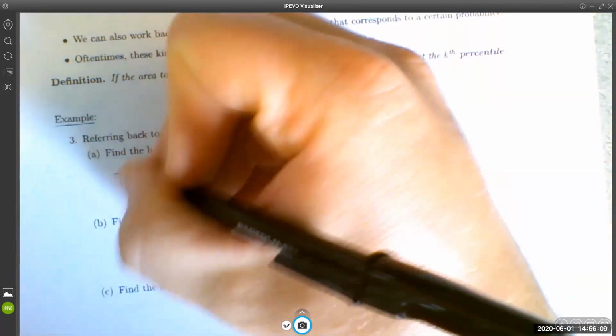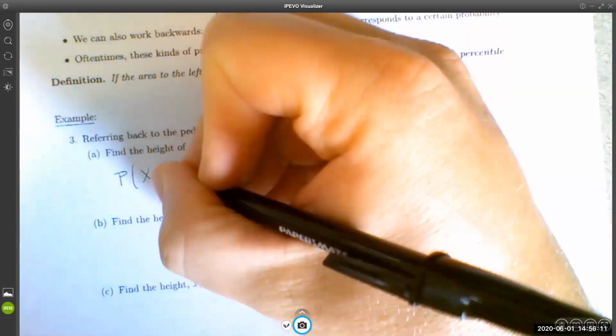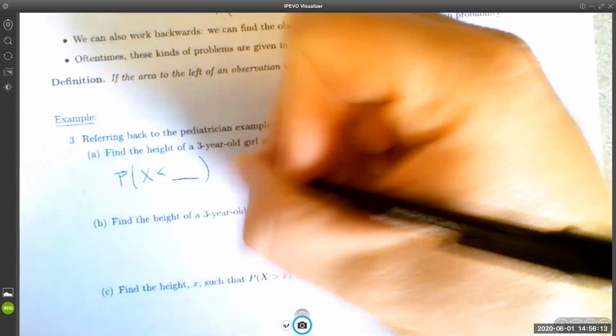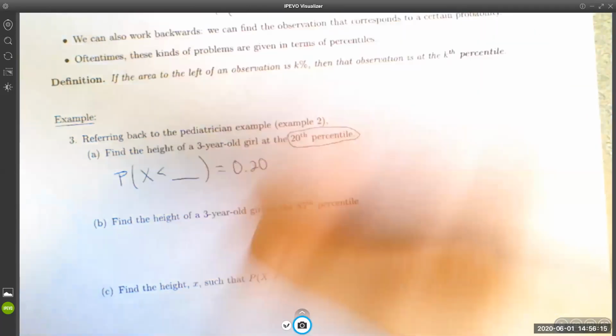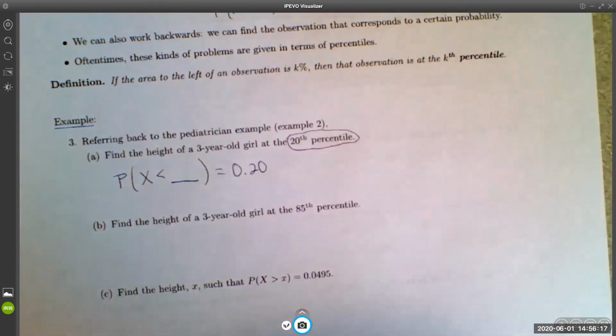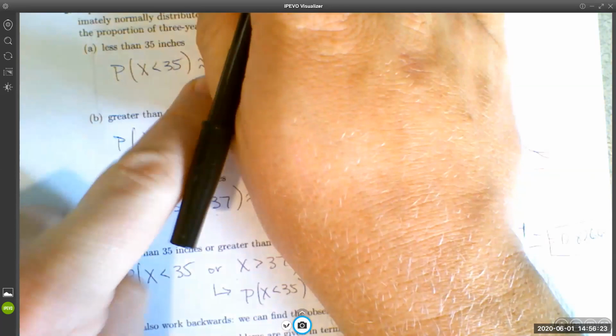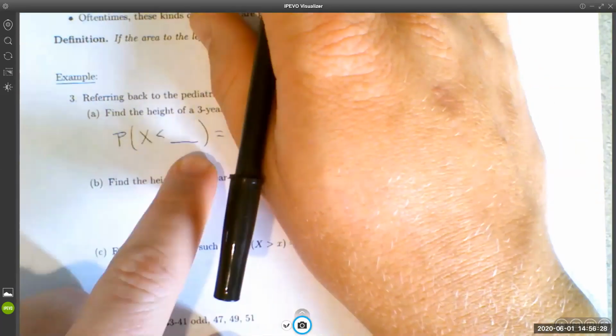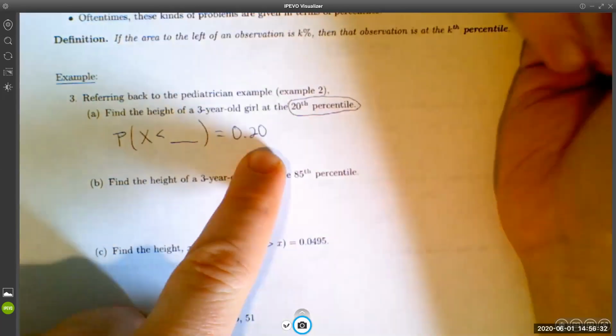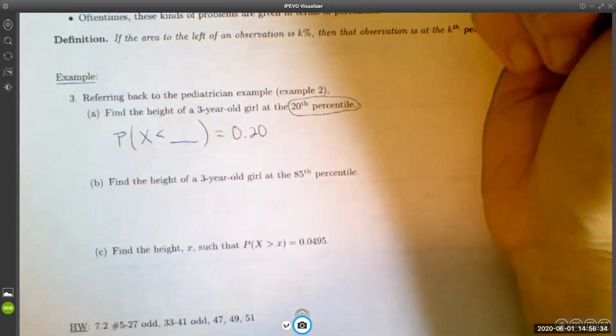In other words, they're asking us: the probability that x is less than what value is equal to 20%? So unlike the previous problems where we were looking for the probability x is less than 35 is equal to what, now we're looking for the probability x is less than what is equal to 20%. Okay, StatCrunch will do this for us though, so it's not a huge deal.